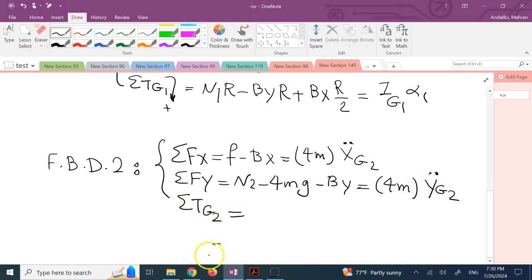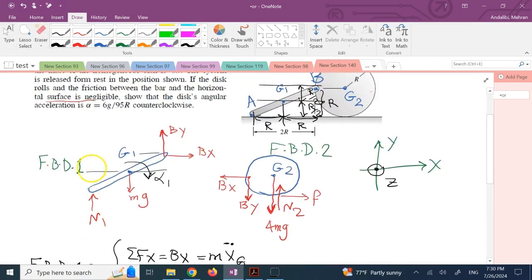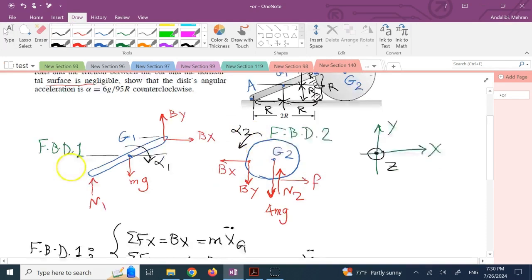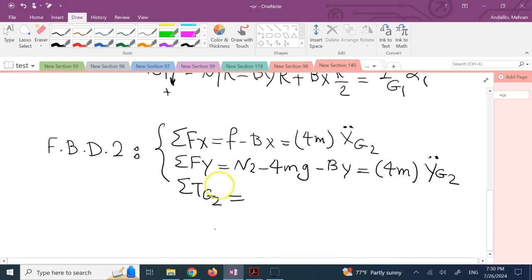Now let's look at G2, see how this member is spinning. In this case, the object wants to be dragged to the left, the friction is to the right, so the only solution for that is that alpha 2 is counterclockwise. And so we go counterclockwise positive about G2.